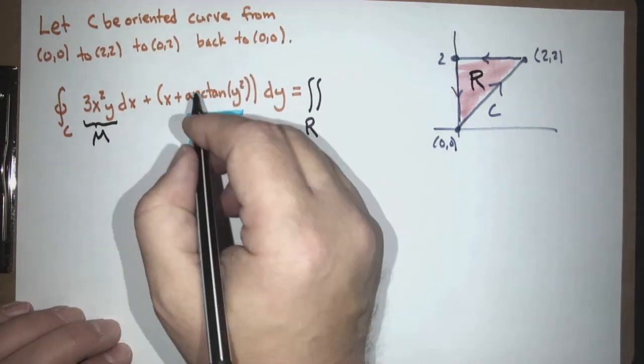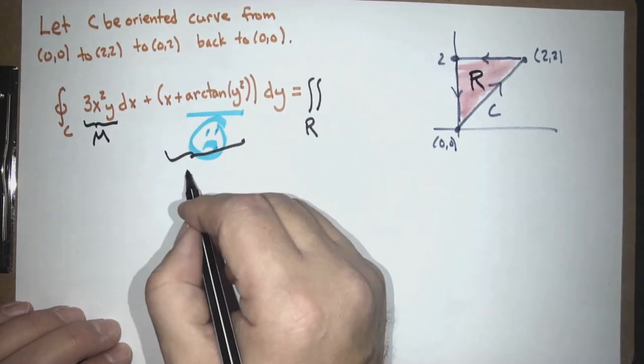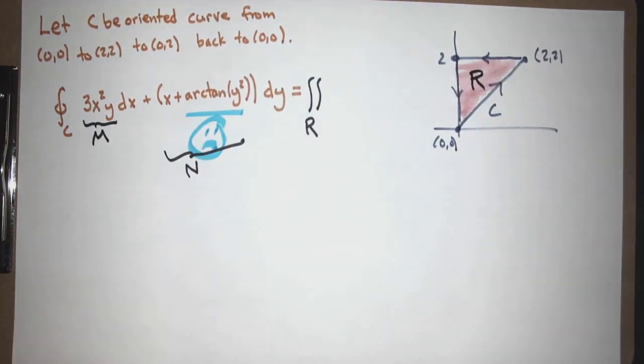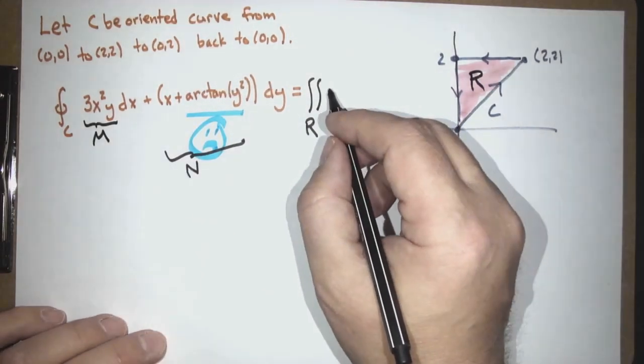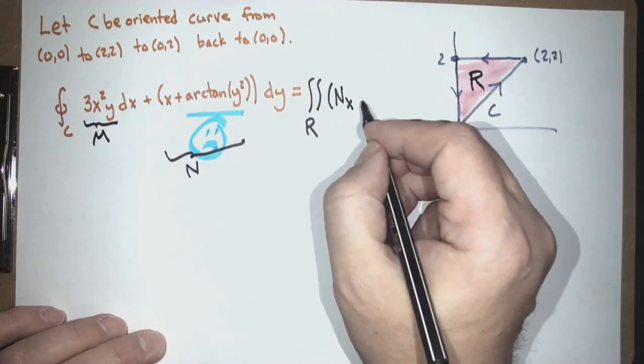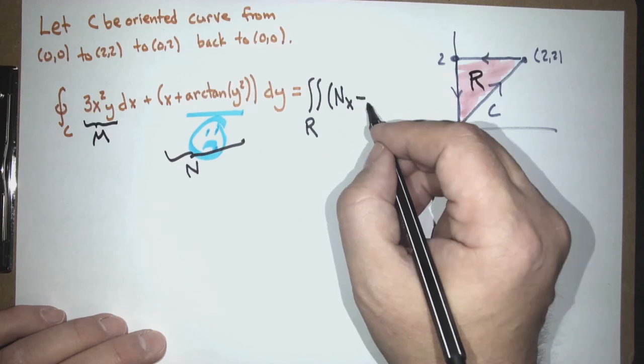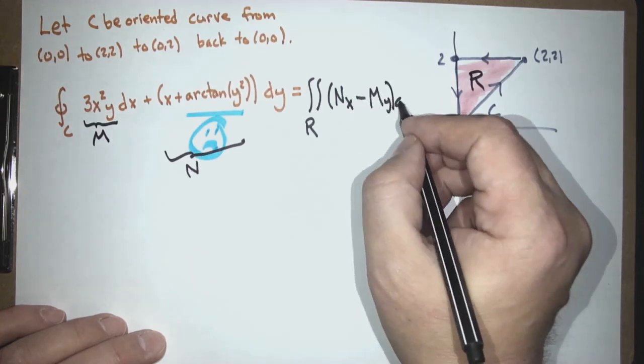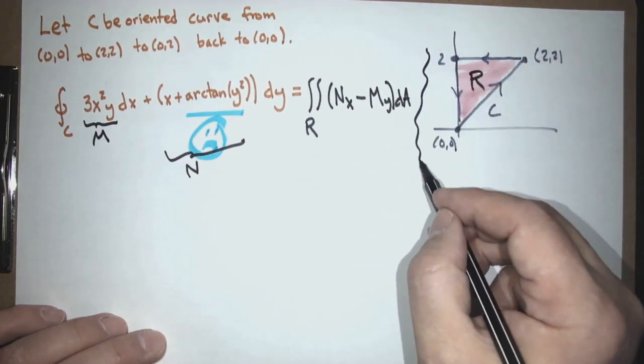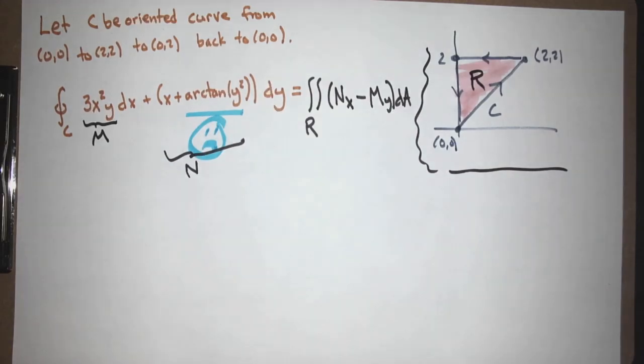So you have your M, you have your N. So we're pulling out Green's theorem. What's the right combination of partial derivatives? Do you remember? N sub x minus M sub y. When in doubt, just think of the curl. That can help get you there.